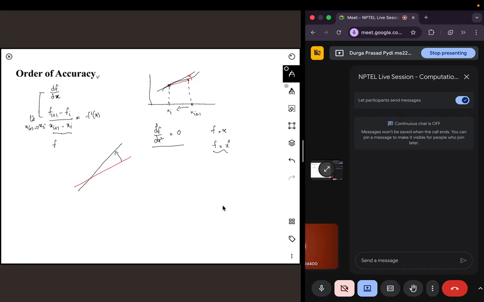So if I have this function f of x, the other terms are second order. Now you're talking about it. Maybe after some time we can verify.